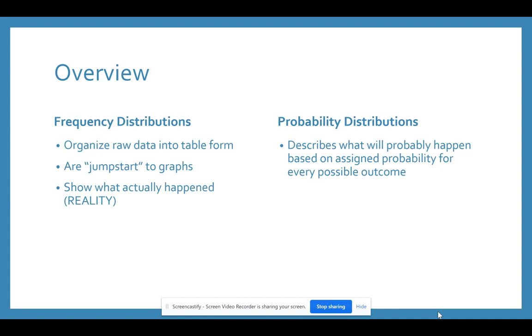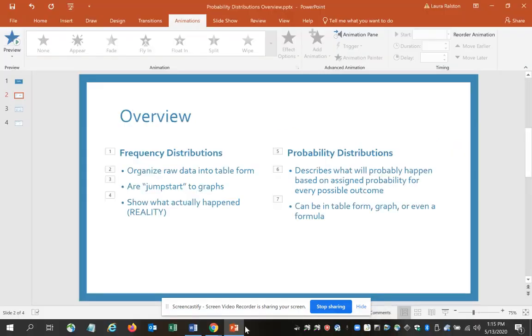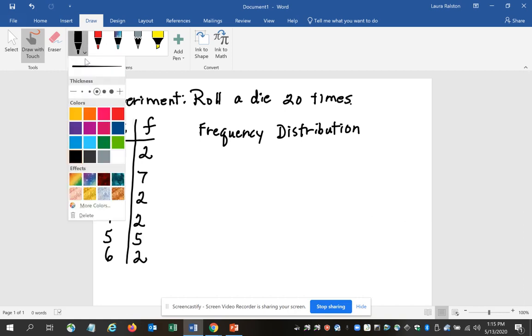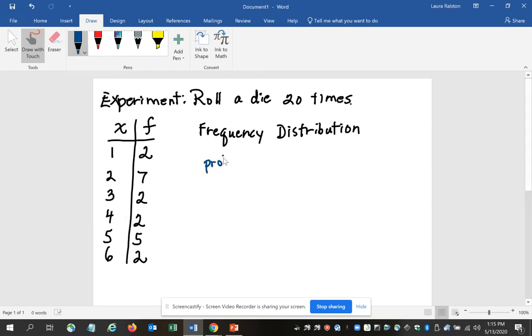So again, if we go back to the example of rolling a die, hopefully you realize that the probability for any number on a die is 1 out of 6.